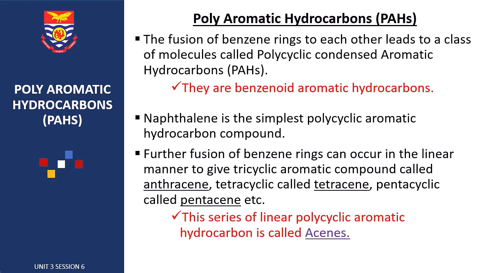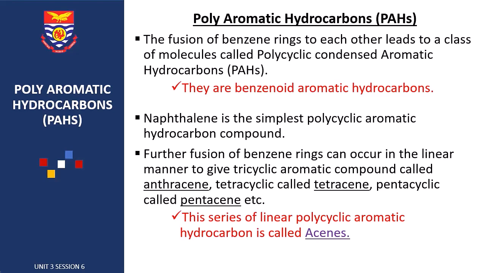So when three benzene rings are fused together, then we can have two different products, right? We can have the linear formation leading to the formation of anthracene, or we can have the angular fusion leading to the formation of what? Phenanthrene. And I think we've looked at this one.